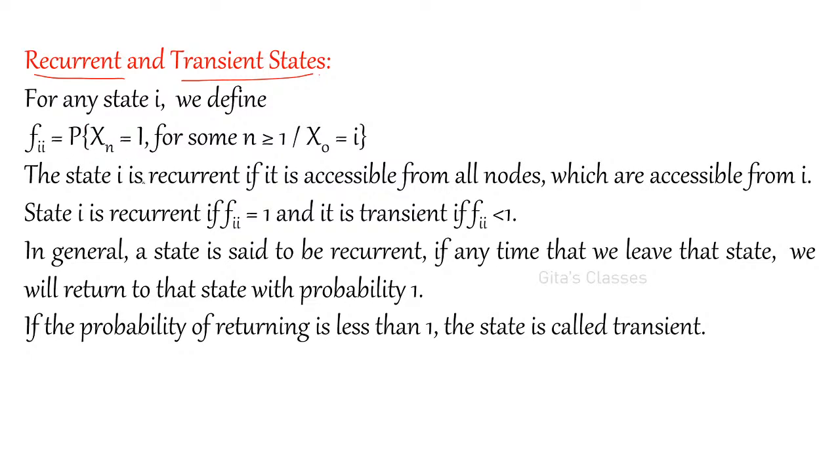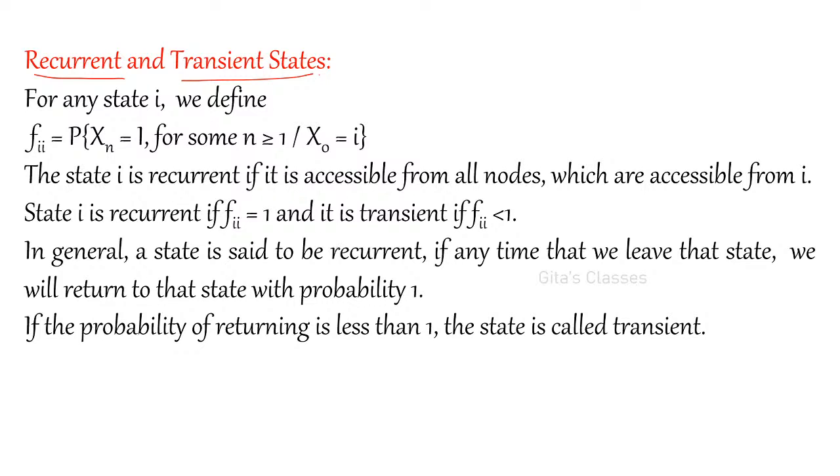That is, if you start from one state I, go to some other states and are able to come back to I, then we say that it is recurrent. Otherwise, it is transient. Very simple. If you start from one state and you can come back to that state, it is recurrent. Otherwise, it is transient.